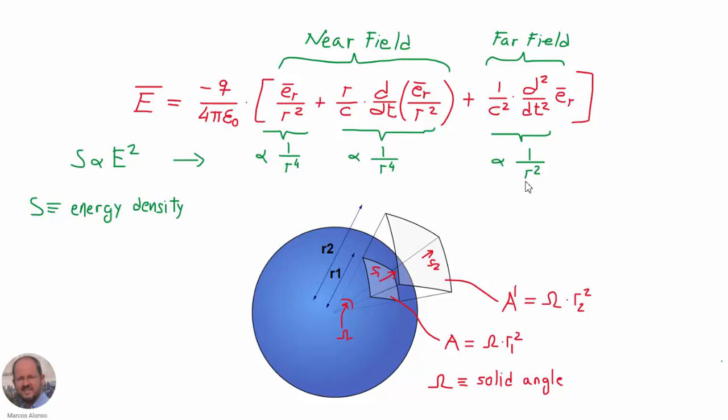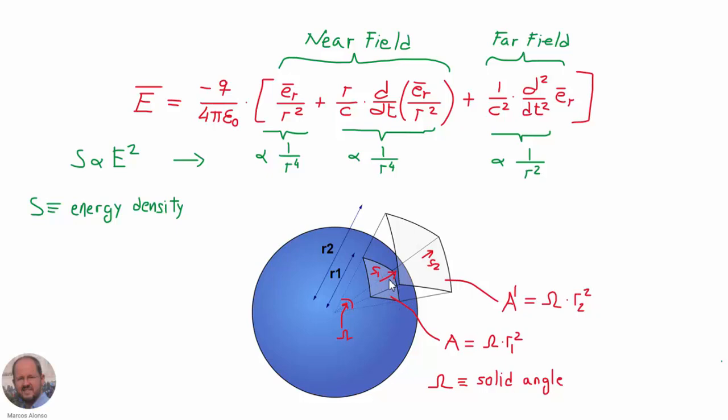And this means that the energy that is emitted in a given solid angle, omega, as shown here, is always going to be the same. Because, for example, at this distance R1, for this area here, we have a higher energy density and the area is small, so we have a given energy going through this area.